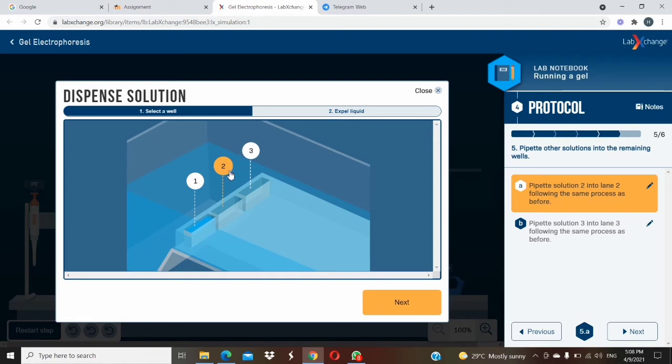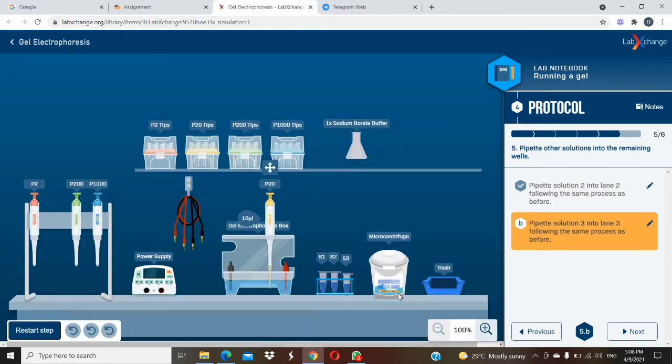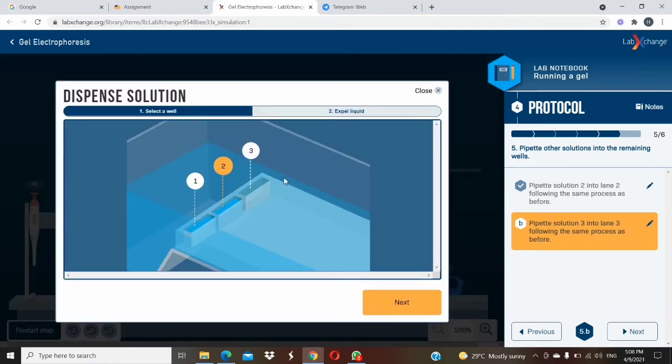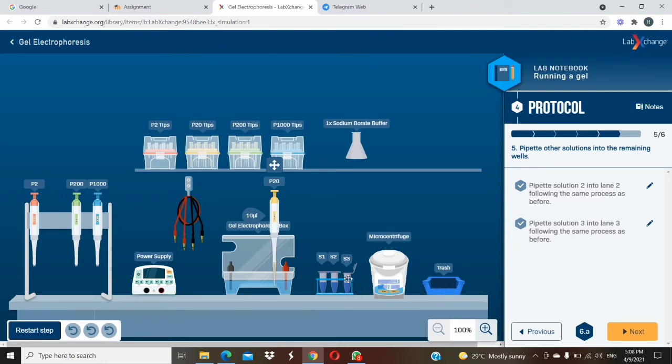The S2 solution should go into lane 2. Done. Eject the tip and then do the same for solution 3. Eject the tip.